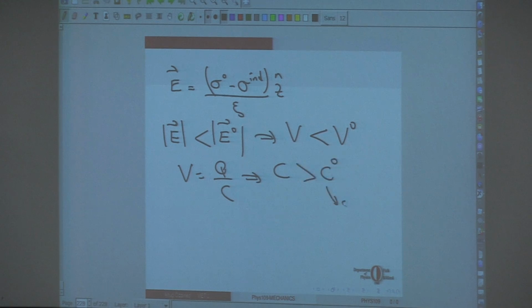This is the capacitance in the absence of insulator. This is the capacitance in the presence of the insulator.